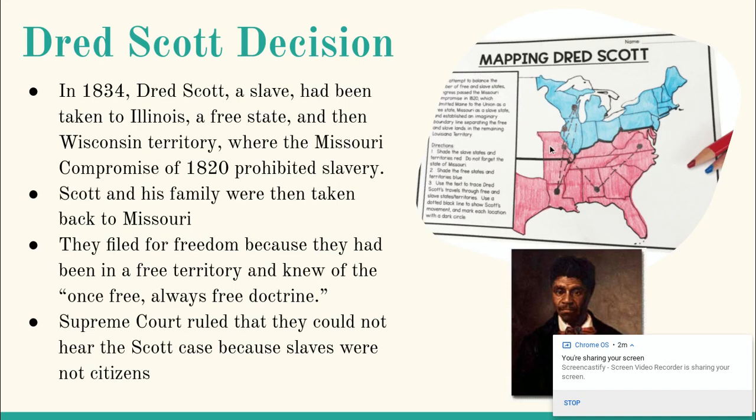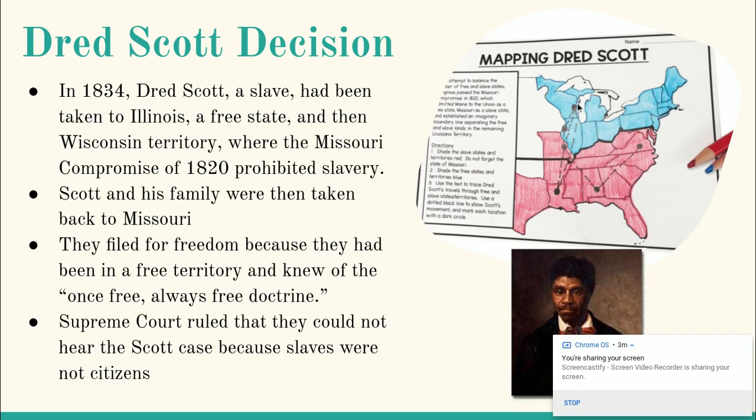And he thinks that because he was already in free territory in a free state, that he should now be free. So him and his wife filed for freedom because they had been in a free territory and knew that the Supreme Courts and the higher courts were following the doctrine of once free, always free, meaning that once you go into a free territory or a free state, then you are now a free person.